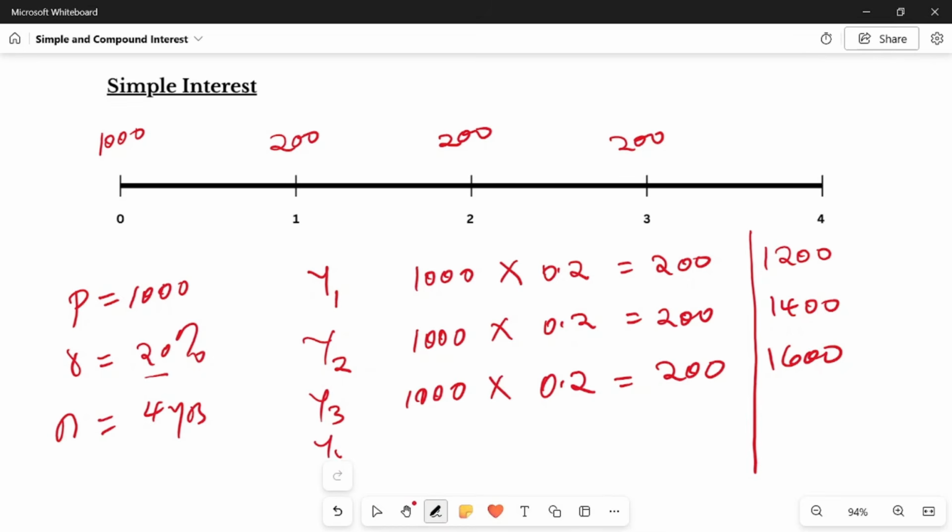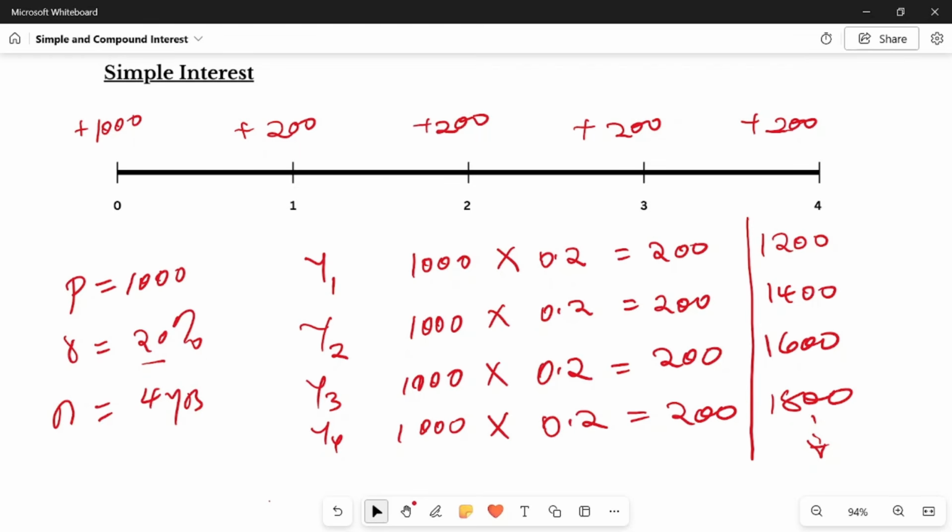And in year 4, the final year, you're going to have your principal of £1,000 multiplied by the interest rate of 0.2. So it is going to be 200. And here, you're going to have 1,800 as your balance. And if this was for a 10-year period, it's going to continue all the way up to 10. So here we are going to have 200 as the interest.